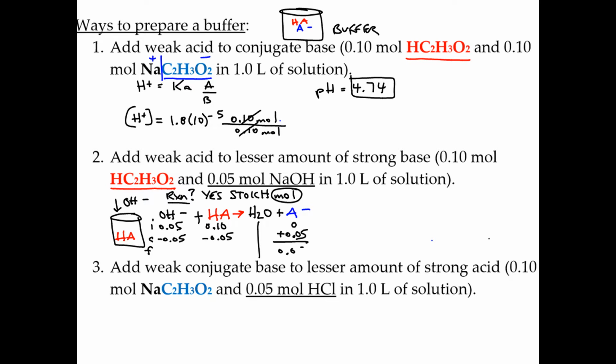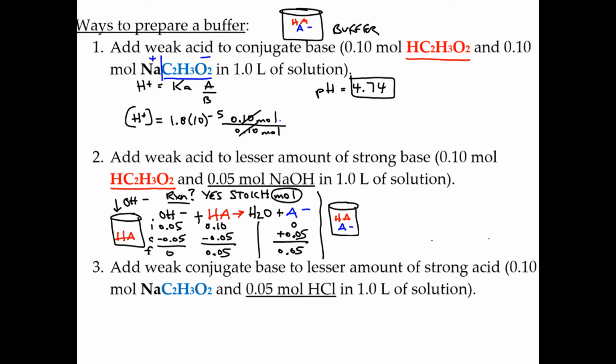So you're going to get 0.05 here, you're going to get a 0.05 here, and you ran out of this. Okay, now you're going to look at what you got, and you're back to solution scenarios. Do you have a strong or a weak or a buffer? Here now you have a weak acid and its conjugate base. So your new beaker that you have is going to look like this. You're going to have HA and A minus.